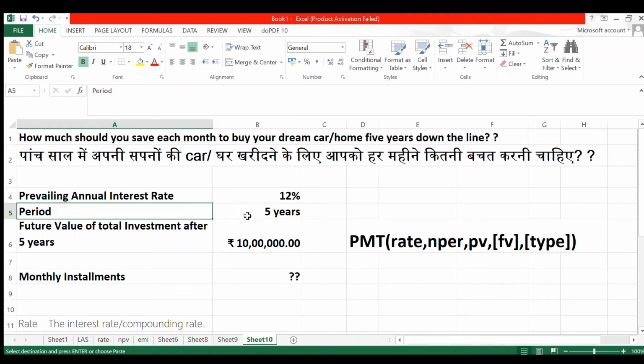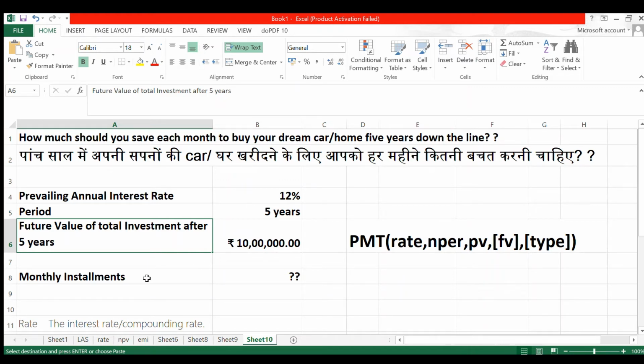At the end of the 5th year, we are planning to accrue the big sum and we are planning to buy our dream car or home. Now we want to give one more input, that is the amount that we are planning to accrue at the end of our savings period. In this case, I am planning to accrue rupees 10 lakh at the end of 5th year.